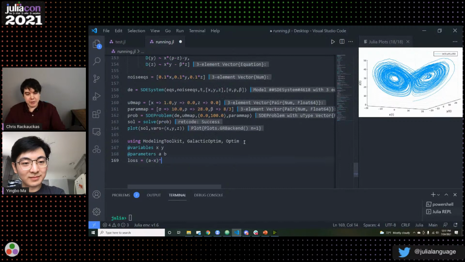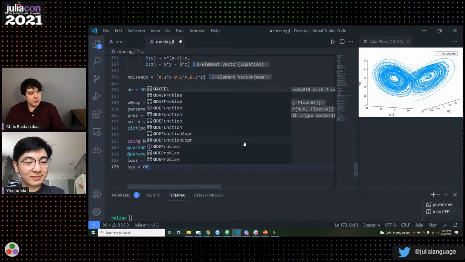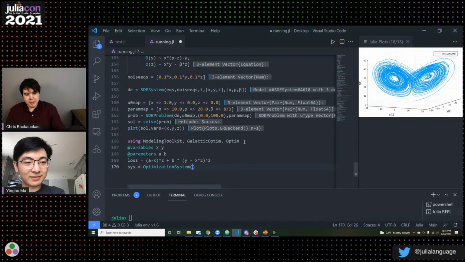So let's define an optimization problem, right? So this is all built for nonlinear optimization right now, though I do have a student who's working on building some nice convex modeling tools based off of this whole ecosystem. So here is the loss function that we want to minimize. And so an optimization system is just defined by what is that loss function, what are the variables, and what are the parameters, right?